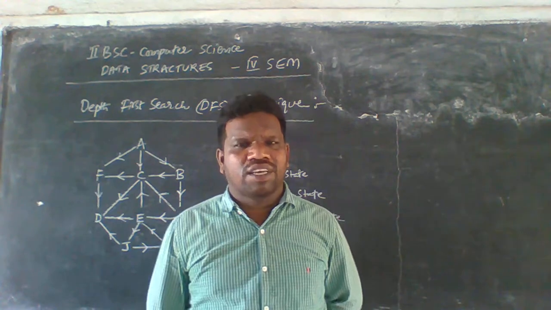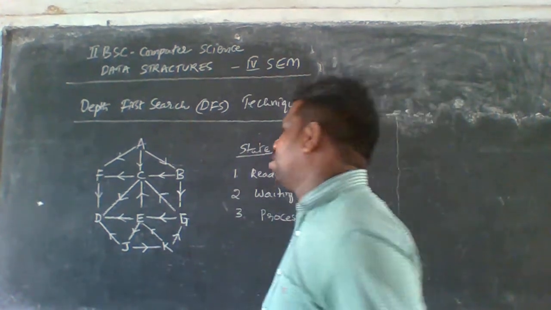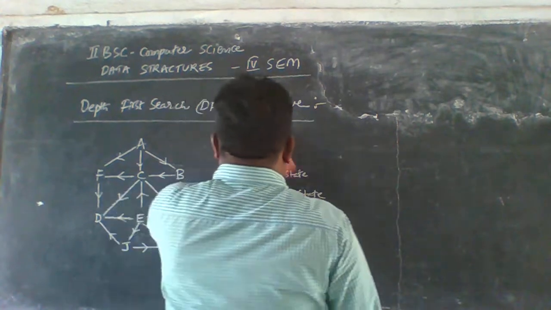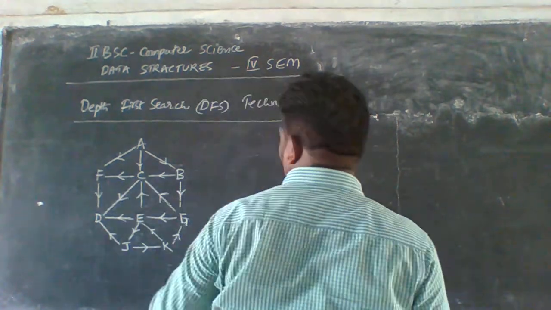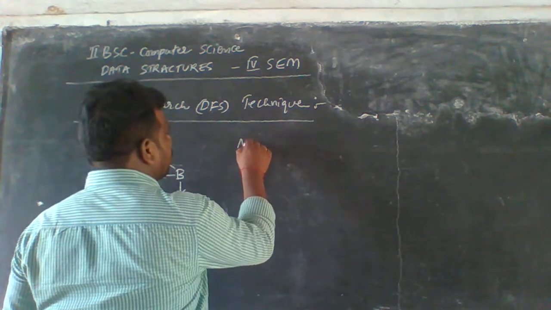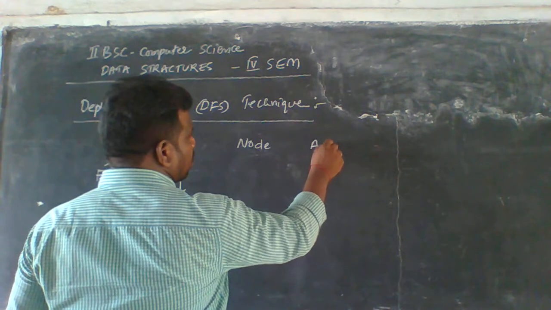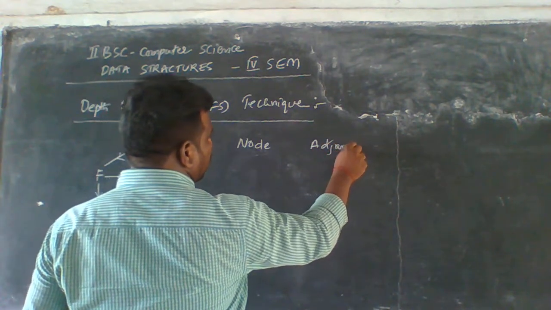In this scenario we have to see the adjacency list and the nodes. There is a table available here with A, B, C, D and so on, which we call the nodes. The next column is the adjacency list.